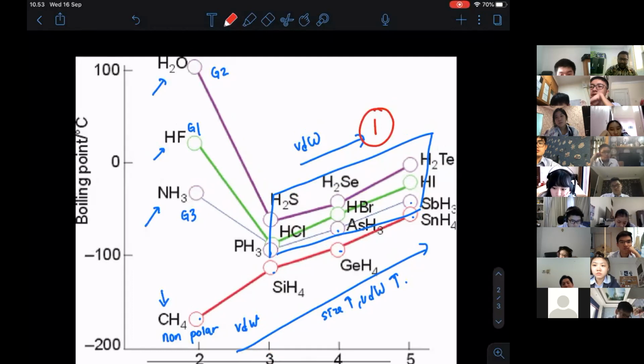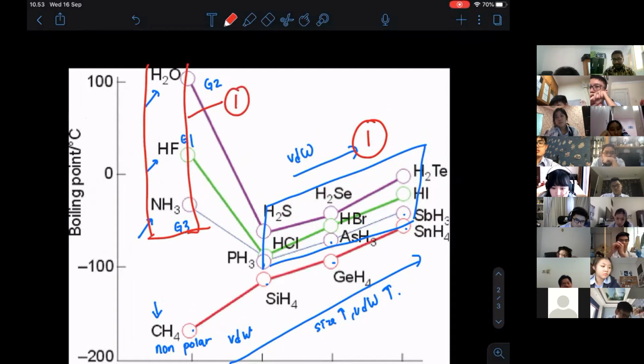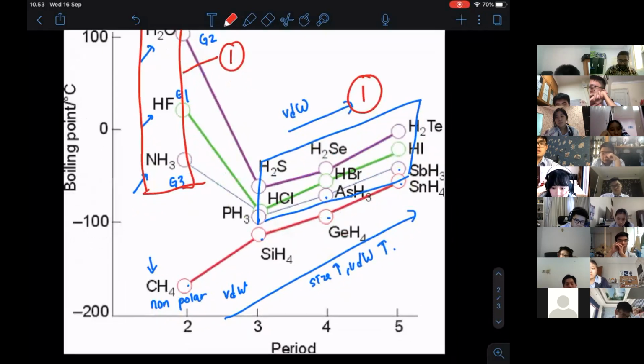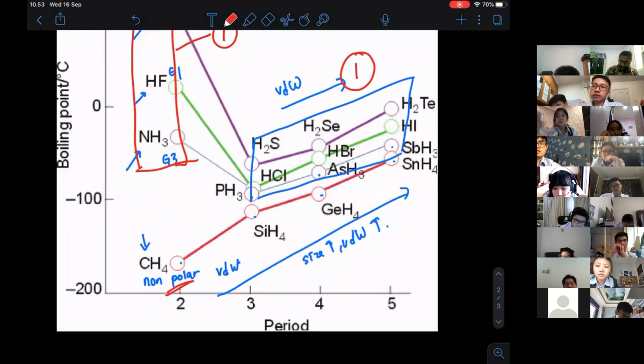And saying that these 3 have the highest among the graph, you get another 1 mark because they have hydrogen bonding. If you mention this non-polar van der Waals forces, then the trend going up, van der Waals increasing and so on, you get another 1 mark.